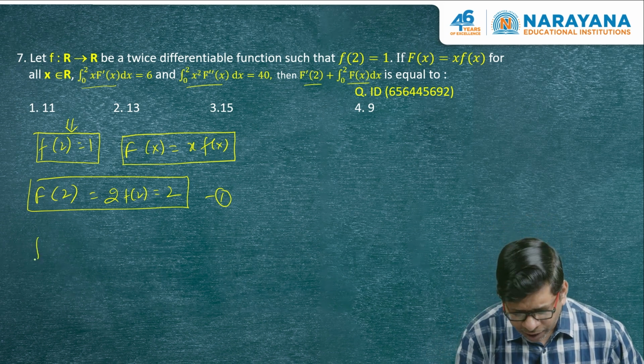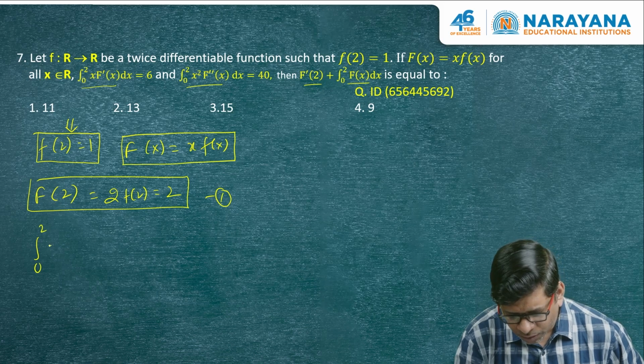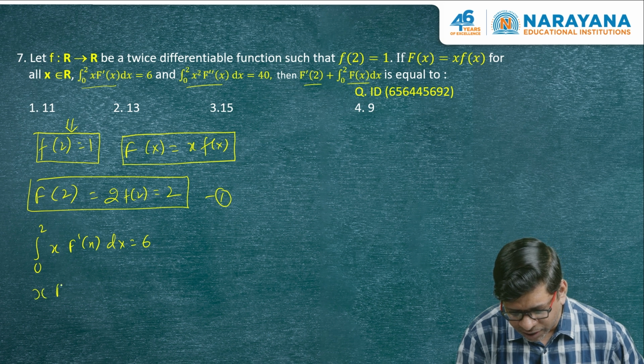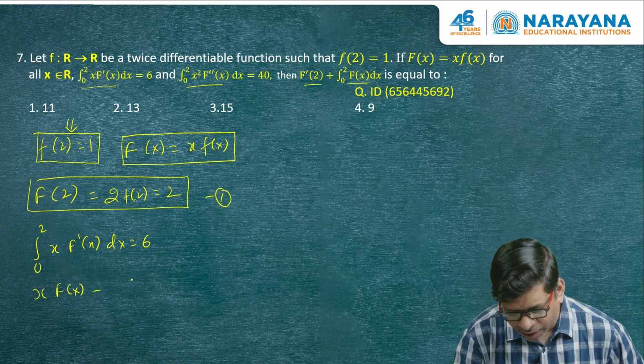Now, one relation is given, integral 0 to 2 x f dash x dx equal to 6. We can apply by parts. First function as such, integral of second minus derivative of first, integral of second, whole integral equal to 6 under the limit 0 to 2.